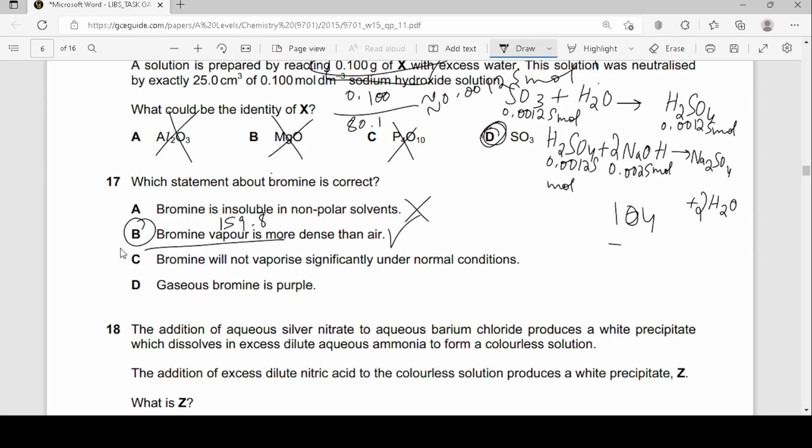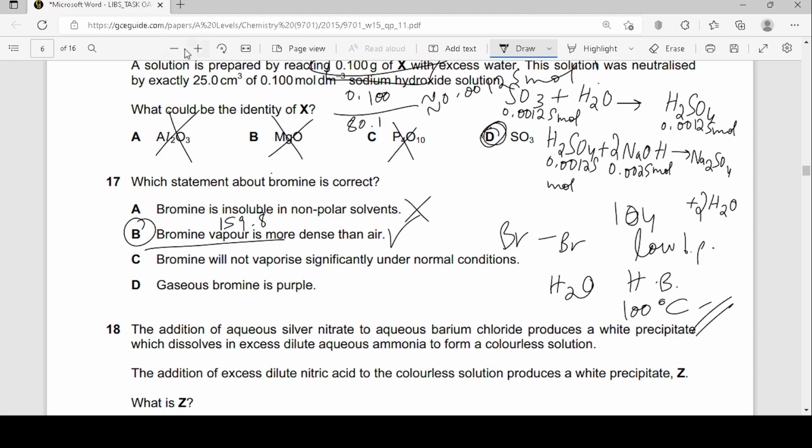Bromine will not vaporize significantly under normal conditions. Well, as we mentioned, bromine is a non-polar molecule, right, which means it has a low boiling point, especially if you consider that water, which has hydrogen bonding, has a boiling point of 100 degrees Celsius, right?